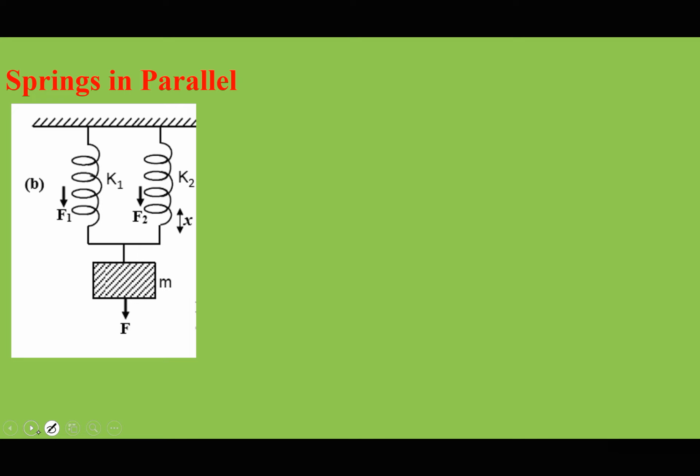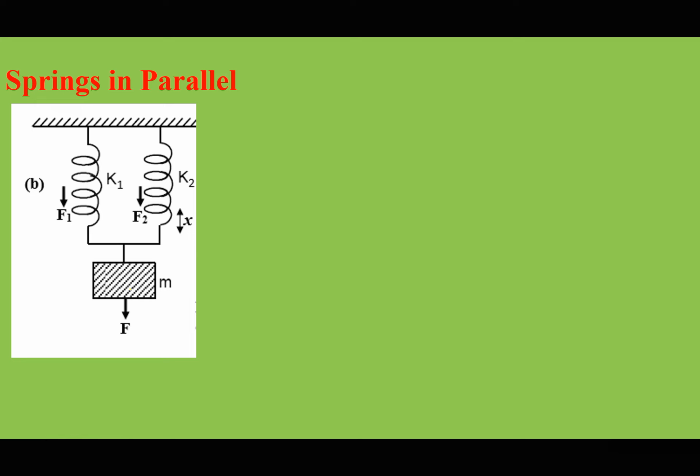If they were not identical, if one stretches by extension, let's say 2, and another one stretches by extension, let's say 4, when you use both of them, the total extension will be even smaller than 2. It will always be smaller than the smallest extension experienced by one spring.